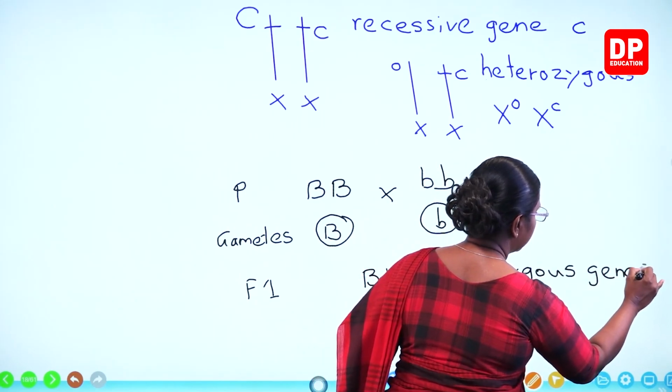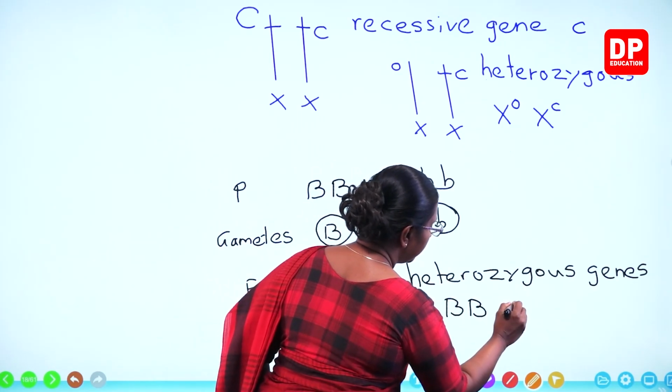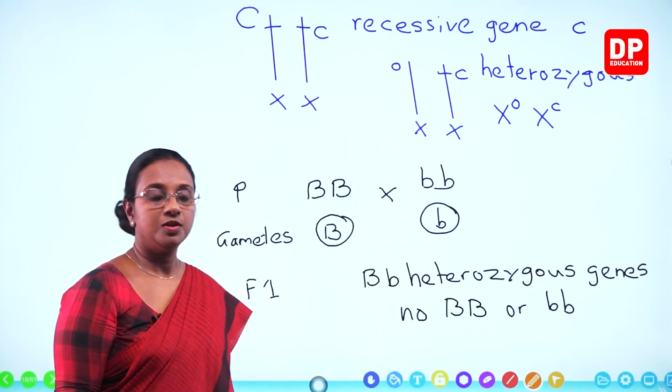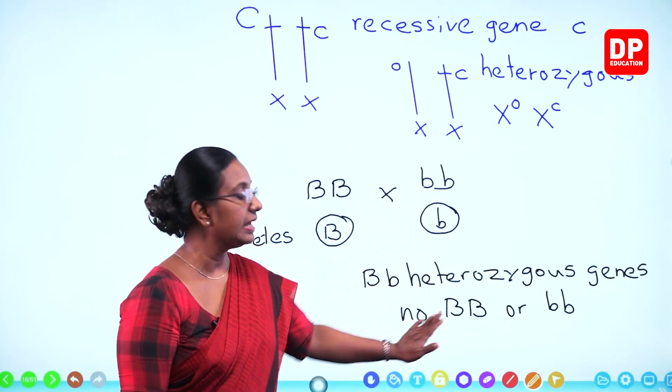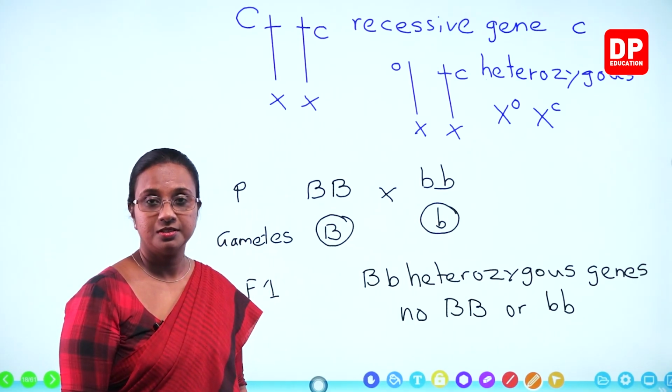We do not have capital B capital B or simple B simple B genes. So there are no parental genotypes in the first generation.